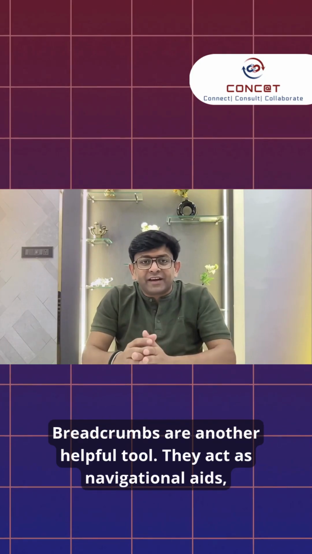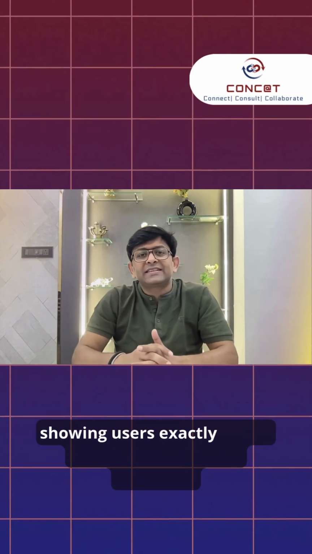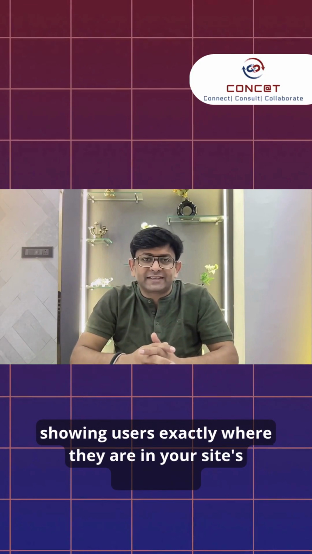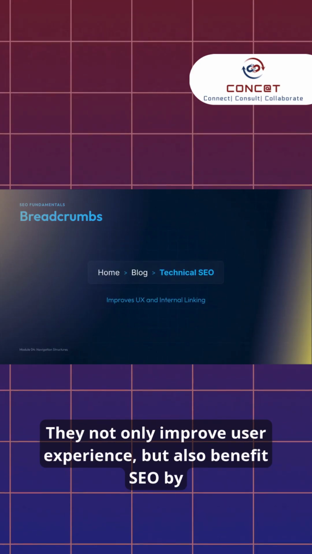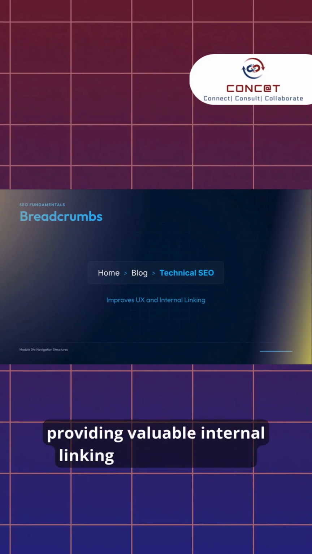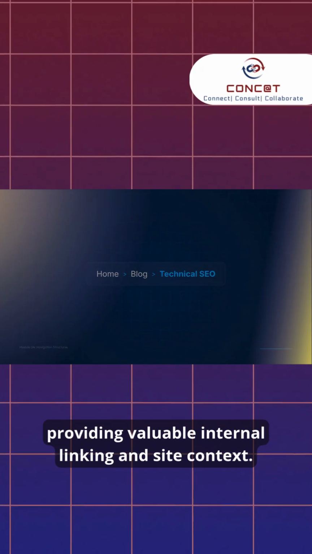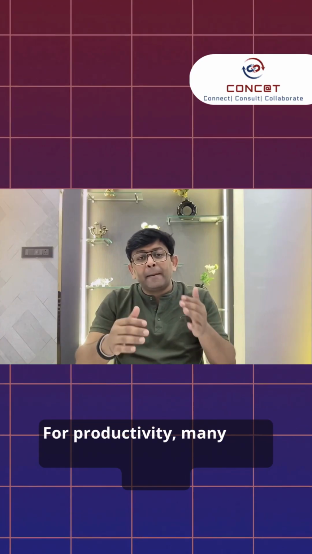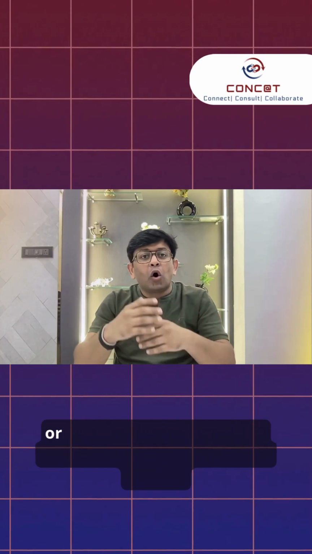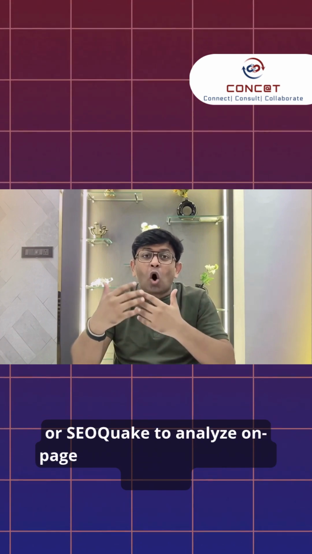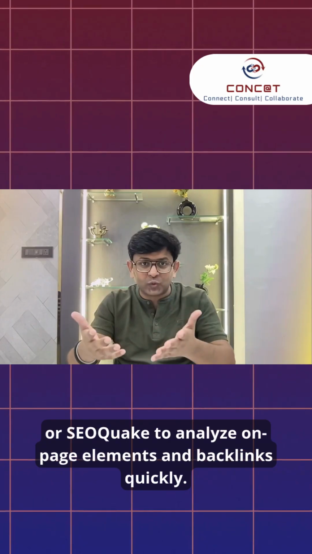They act as navigational aids, showing users exactly where they are in your site's hierarchy. They not only improve user experience but also benefit SEO by providing valuable internal linking and site context. For productivity, many SEOs use Chrome extensions like Mozbar or SEO Quake to analyze on-page elements and backlinks quickly.